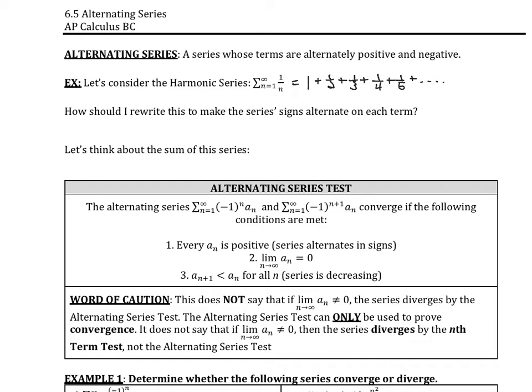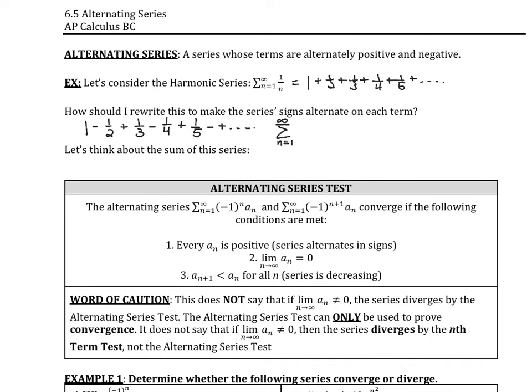So we know that. Now, if I want to make the series signs alternate, meaning instead of being 1 plus 1/2, I want it to be 1 minus 1/2 plus 1/3 minus 1/4 plus 1/5. You get the idea. So I'm going to go minus, plus all the way through. What would I need to do? How would I need to change this series?